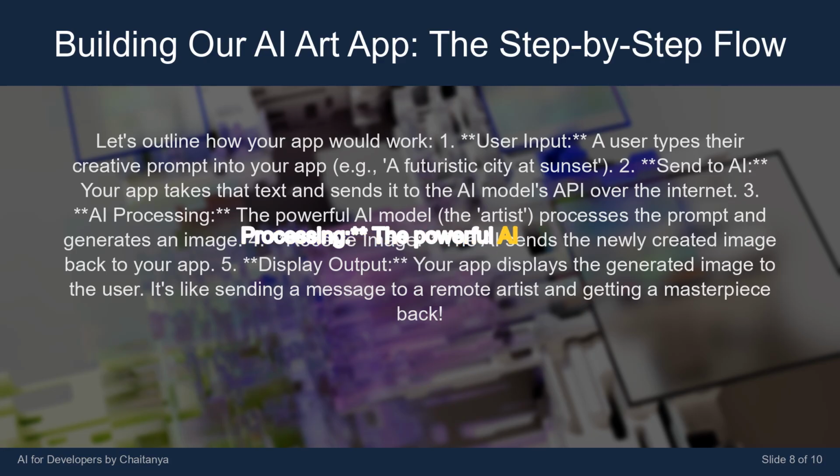The powerful AI model, the artist, processes the prompt and generates an image. 4. Receive image. The AI sends the newly created image back to your app. 5. Display output. Your app displays the generated image to the user. It's like sending a message to a remote artist and getting a masterpiece back.